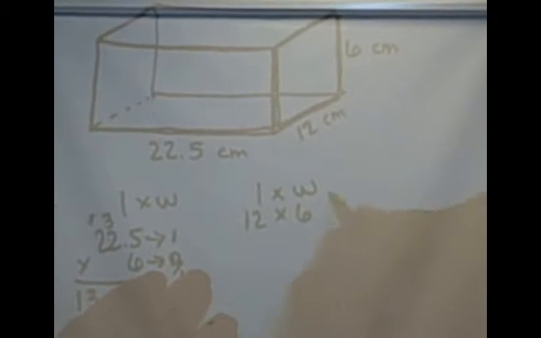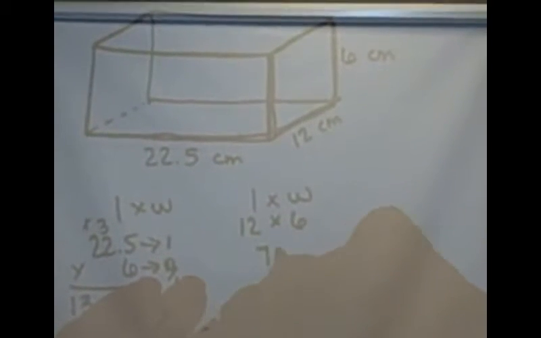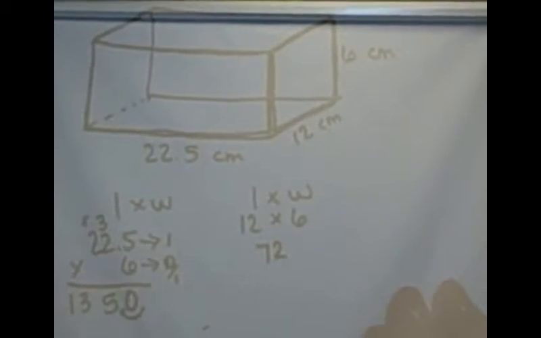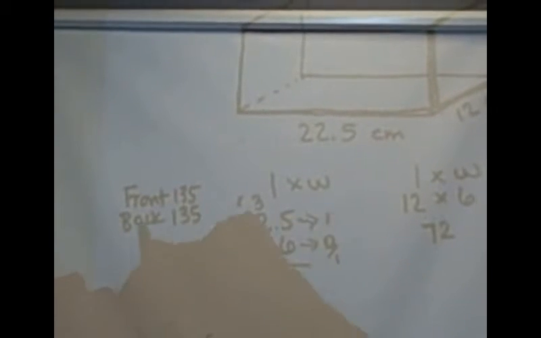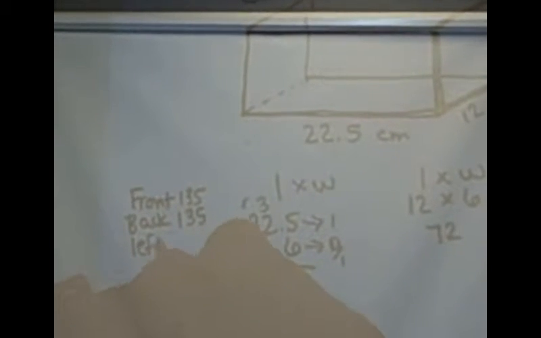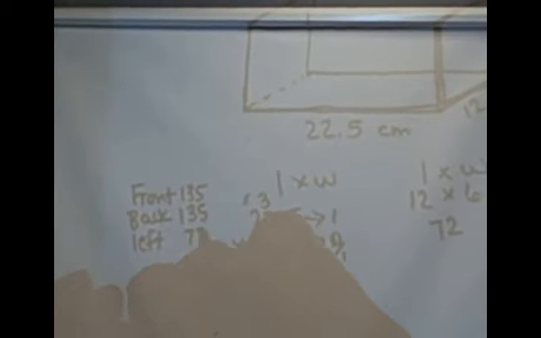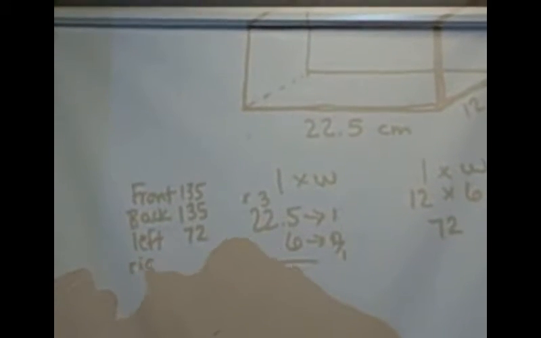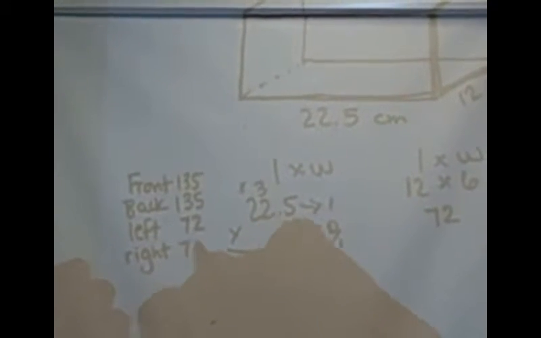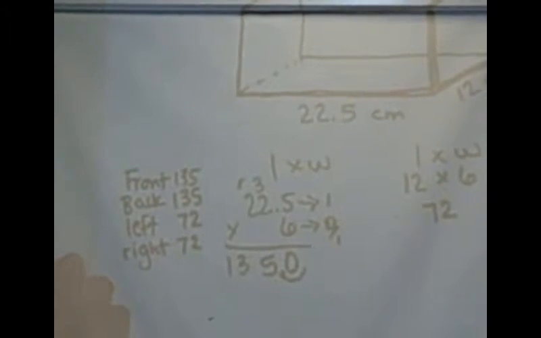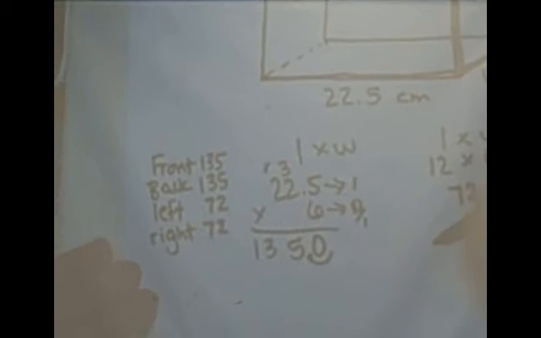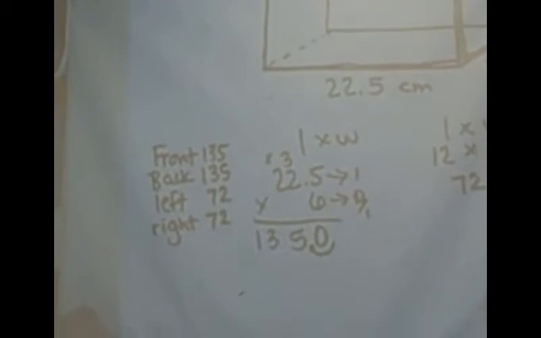So mental math tells us that 12 times 6 is 72. Coming back over here, if the left is 72, the right should also be 72. Okay, so far we've calculated 4 of the 6 faces.